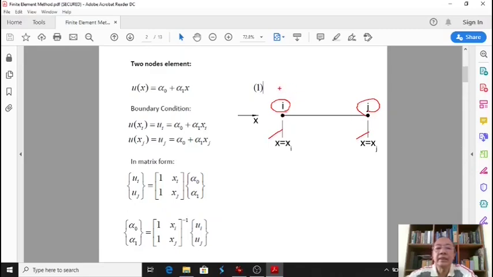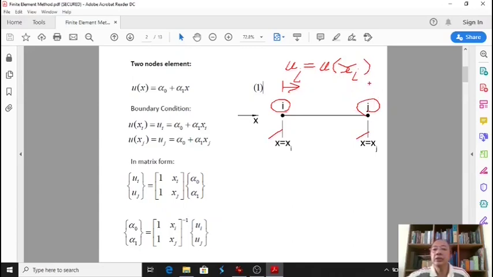So after displacement takes place, this will go to ui, and ui is a function of u at the position xi.